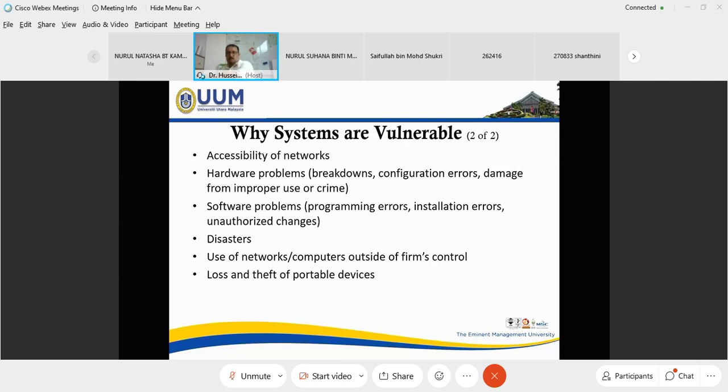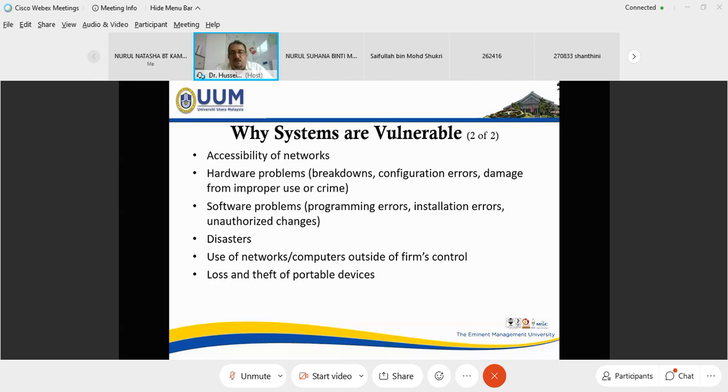Software problems are also the same. What are these? Programming errors, installation errors, unauthorized changes. All of that causes vulnerability to the systems. Disasters, also this one.